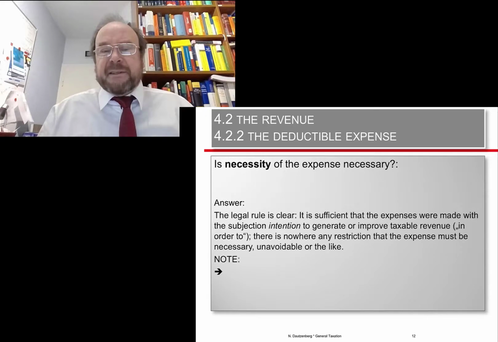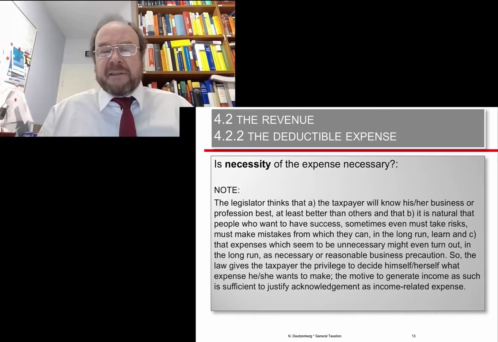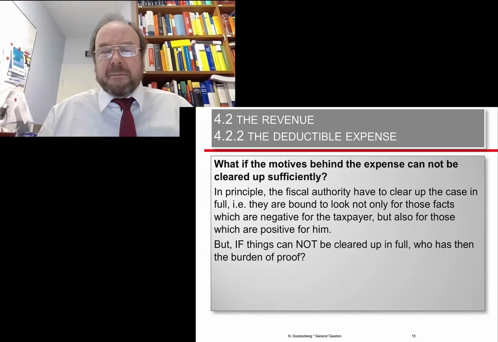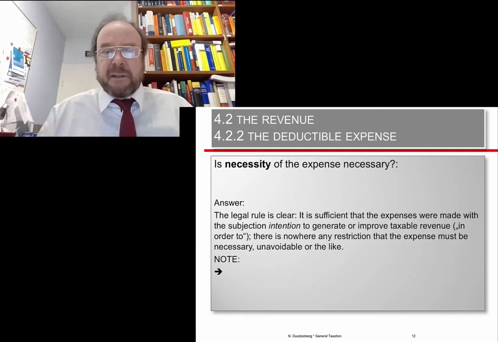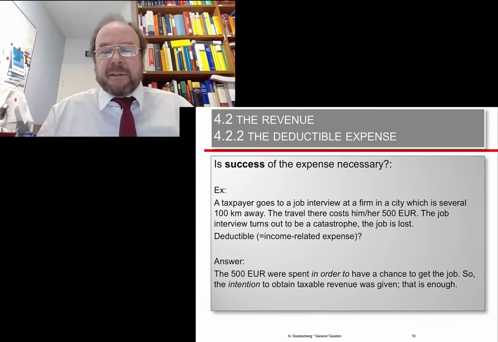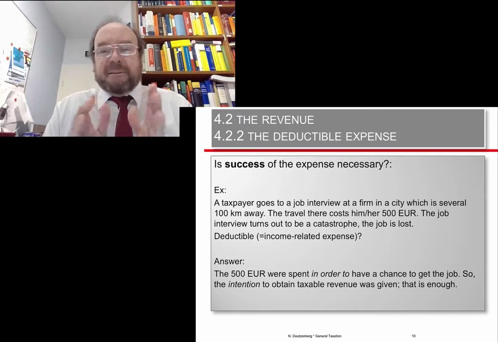The idea is, if a taxpayer sees the need or is interested in making expenses which are exclusively motivated by the wish to generate, or to improve the chances to generate, or keep income, then the legislator thinks the taxpayer will know best.